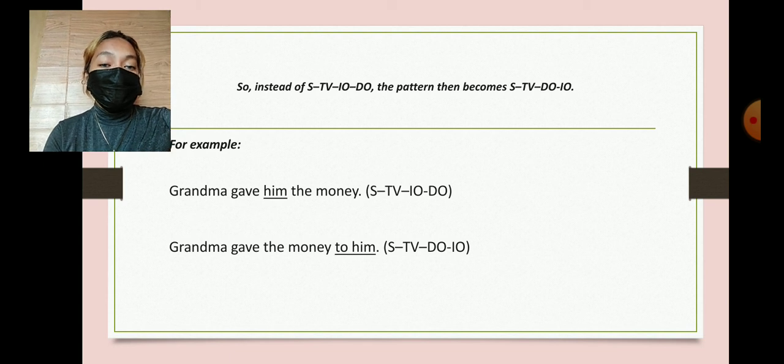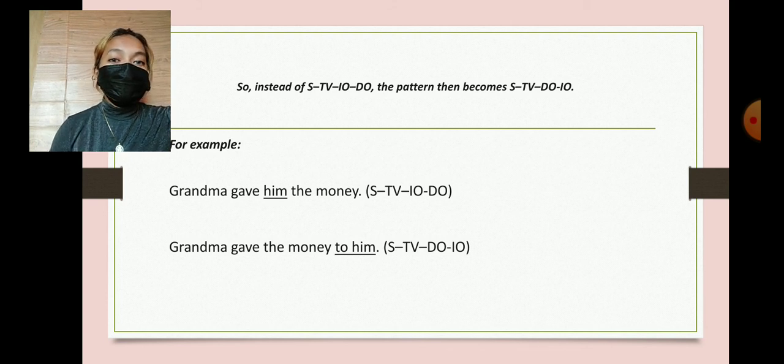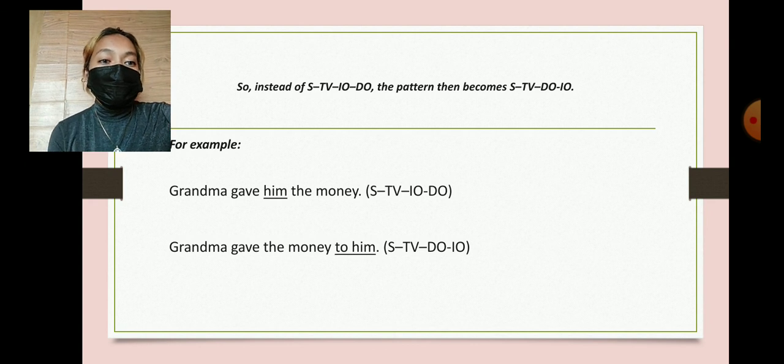So this is the original pattern, which is the subject, transitive verb, indirect object, and direct object. But then there are instances where the direct object comes first before the indirect object. So we have here the example: Grandma gave the money to him. So the pattern is subject, transitive verb, direct object, and indirect object.